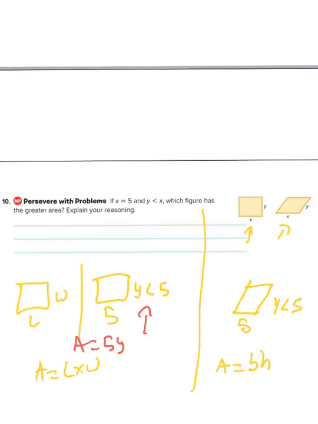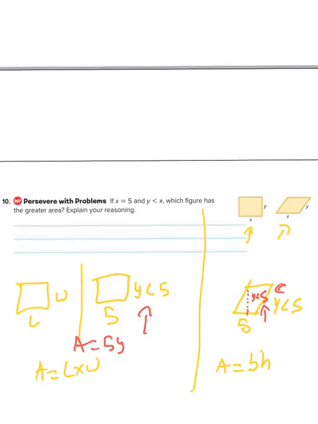Well, if you look at this, what do we remember from earlier? That the side is not the height of the parallelogram. This is the height. So because that's the height and that has to be less than 5, the explanation says that the area of the rectangle is 5y units, and the area of the parallelogram cannot be greater than 5y, since y is less than 5, and the height of the parallelogram is not greater than y.